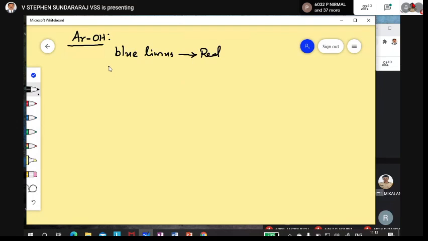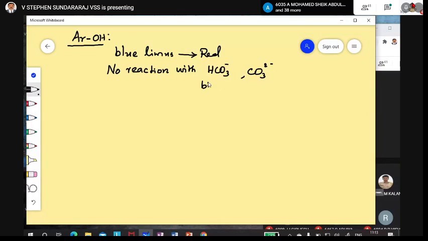But there is no reaction with HCO3 and CO3, that means bicarbonates and carbonates, because these two are weak bases.